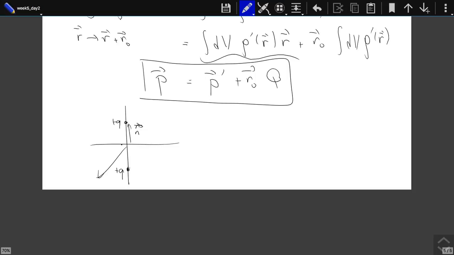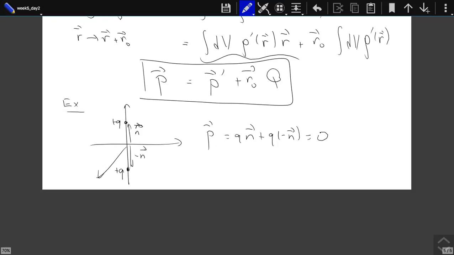What is the dipole moment of the upper plus Q charge? Q times n. Of the lower plus Q charge, what's the dipole moment? This is minus n. Q times minus n.